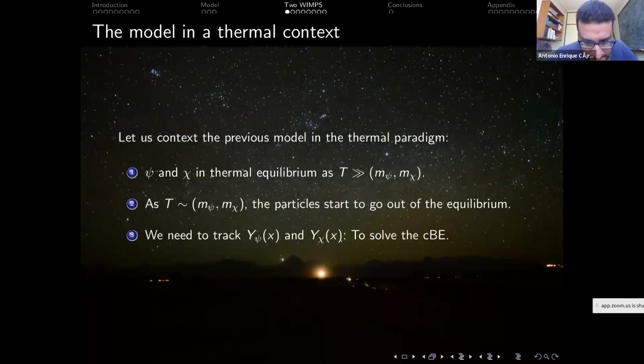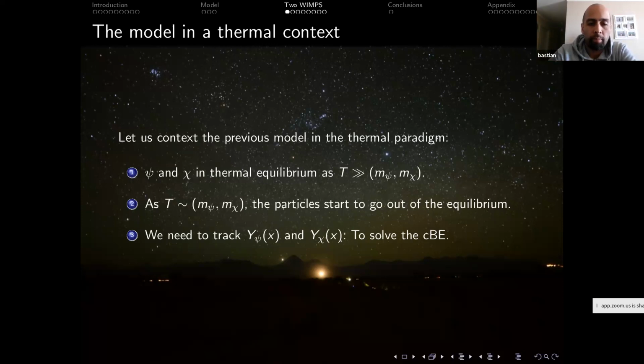So the last part is, let me just tell you about the results in this thermal paradigm. So the idea is to consider fermion and the pseudo-scalar in thermal equilibrium at high temperatures.